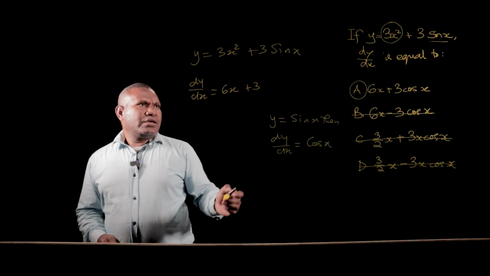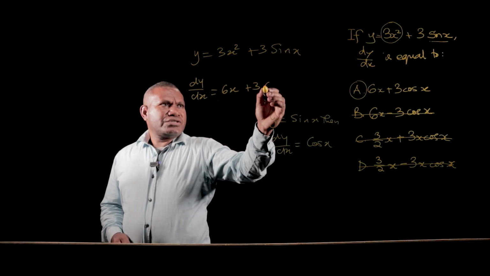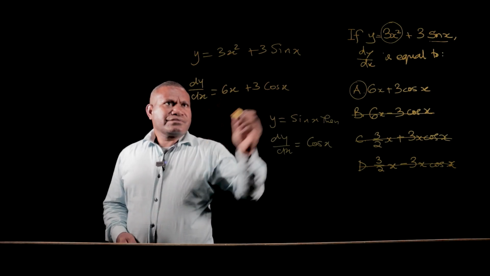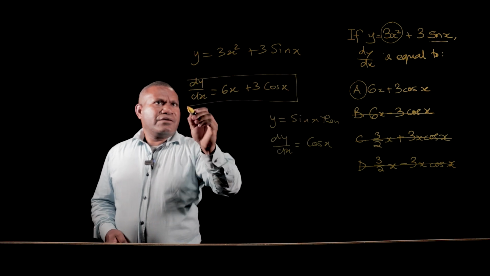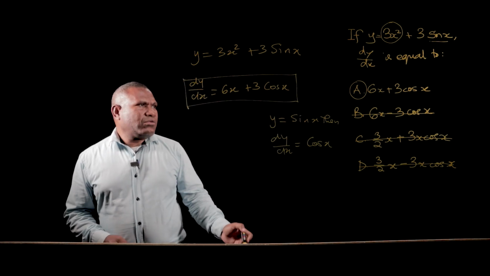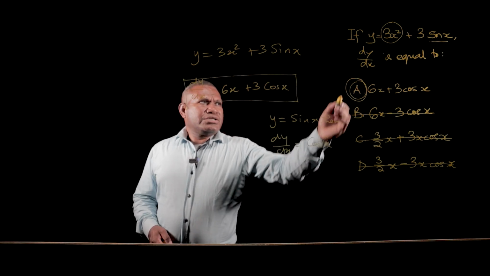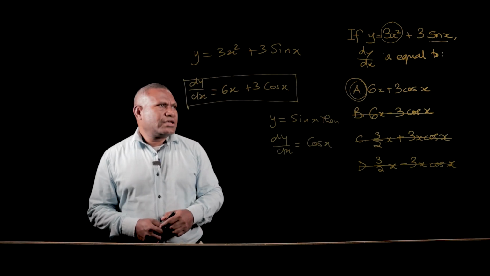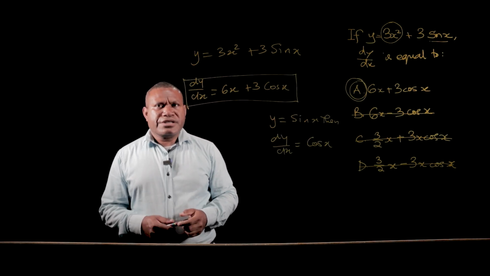The derivative of sine x is positive cos x. So this is the final answer that we got. Our original guess by using logic is the correct answer. 6x plus 3 cos x is the correct answer there.